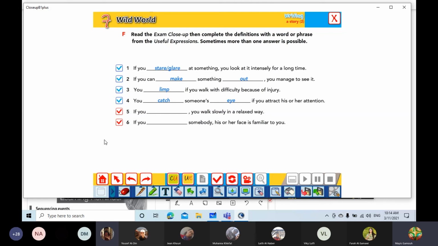Yes, teacher. If you stroll, you walk slowly in a relaxed way. Stroll, yes, thank you. Or wander. So both words are correct. If you stroll, يتنزه, or wander, يتجول, they are synonyms. You walk slowly in a relaxed way.